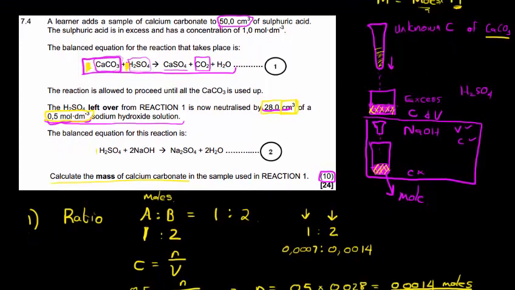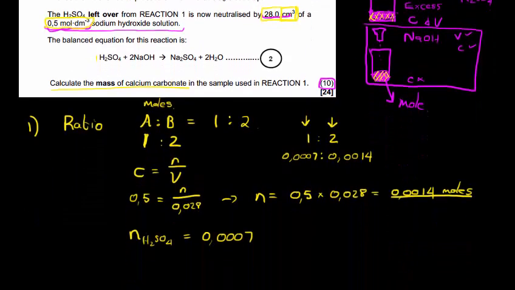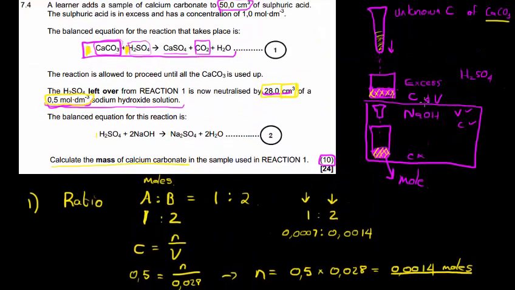Now I just want to know how many moles reacted. So I need to see how many moles I had in the beginning. I know how many moles I have left, and that would tell me how many moles reacted. For this one we have the concentration and volume, which means we can calculate how many moles there were in the beginning.